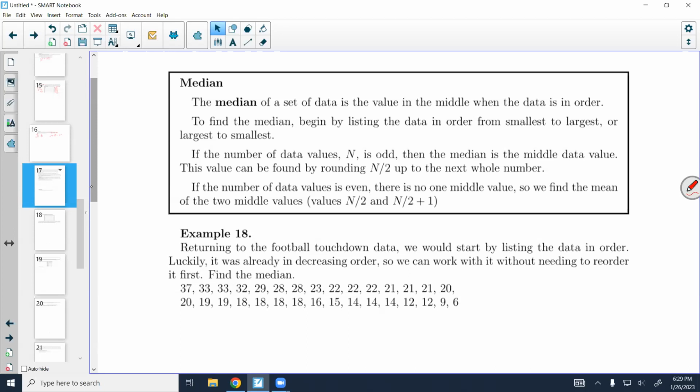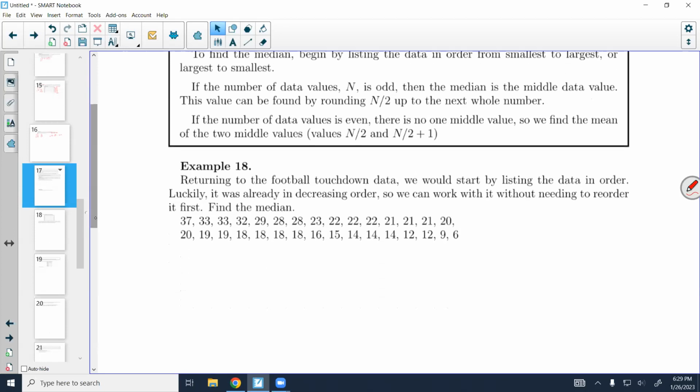So let's go back to our touchdown data. Again, we have 31 data points, and we have them listed in descending order, which is okay right now. So n equals 31. It's odd. So we take n divided by 2, 31 divided by 2, which is 15.5.